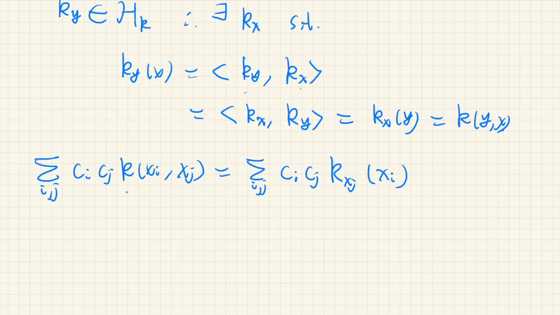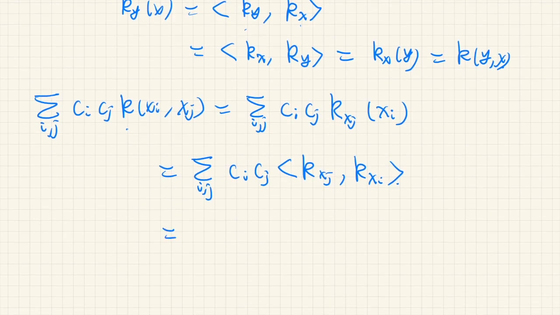Now, by the definition of the reproducing kernel Hilbert space, this is equal to ci, cj times the inner product between k xj and k xi.